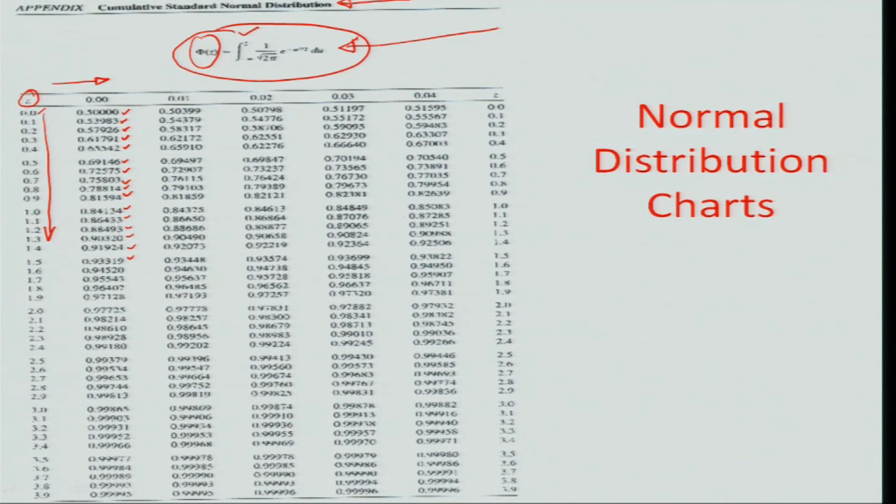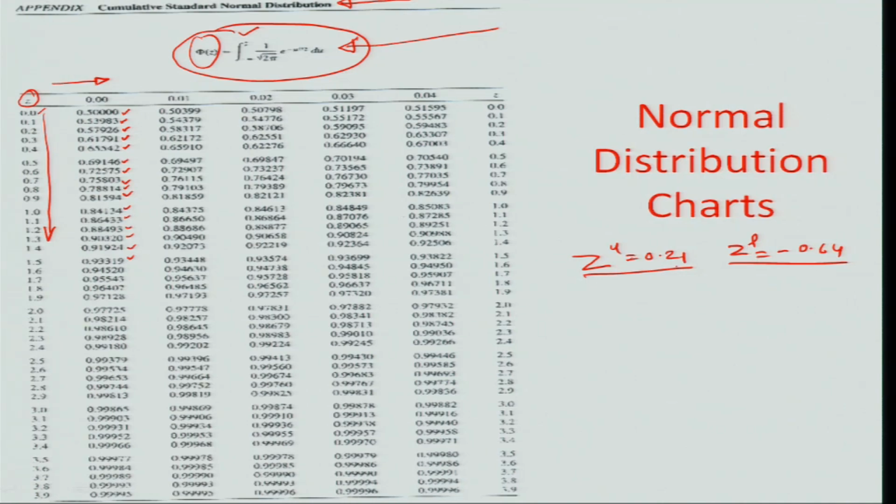So we want to calculate, corresponding to our z values, which we calculated as 0.21 on the upper side and minus 0.64 on the lower side, how we find the normal distribution function.